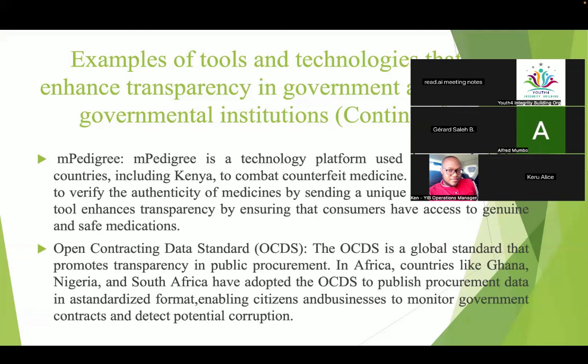In Africa, countries like Ghana, Nigeria, and South Africa have adopted the OCDS to publish procurement data in a standardized format, enabling citizens and businesses to monitor government contracts and detect potential corruption. So that is another kind of tools used in different countries in Africa. Next slide.